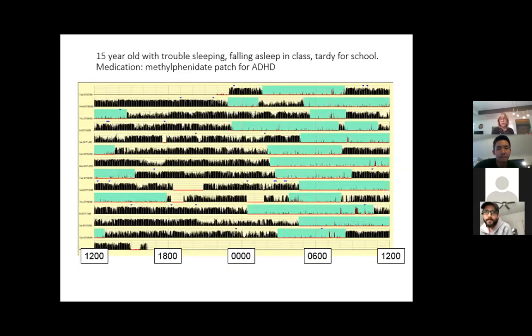All right, so this is the Respironics brand that looks different. This was a 15-year-old with trouble sleeping. She was falling asleep in class. She was tardy for school, and she had ADHD. What do you see? Tell me what you see. What time is she habitually falling asleep? 2 a.m. or so, usually.